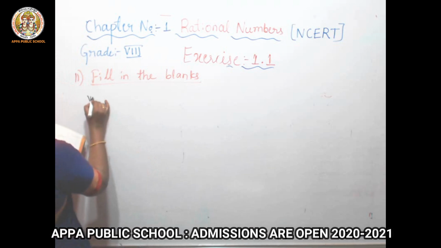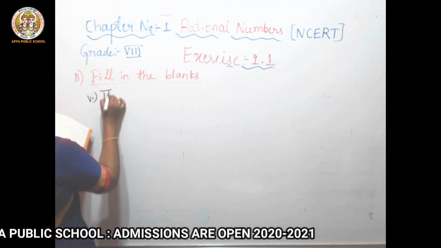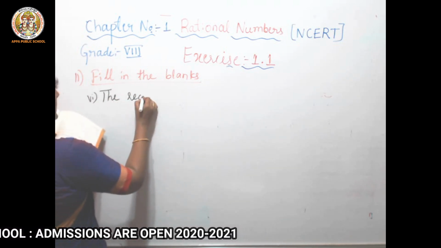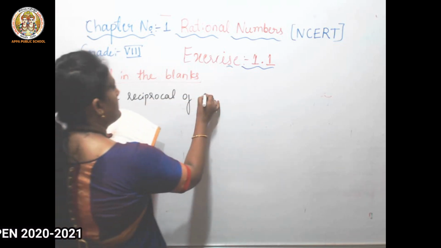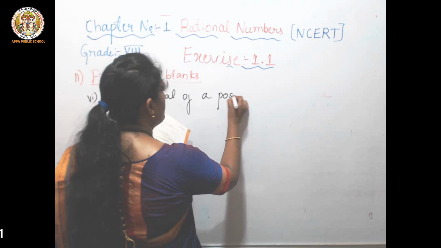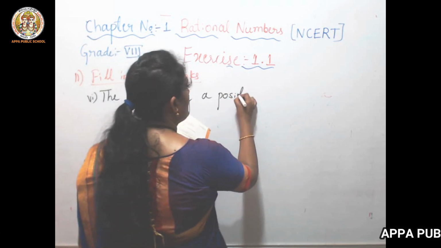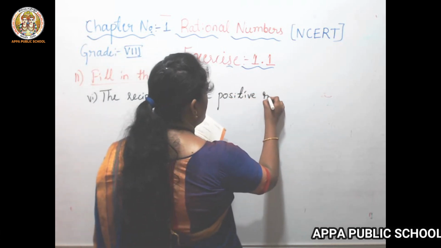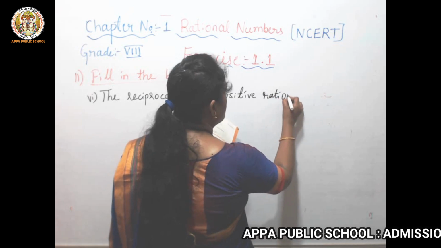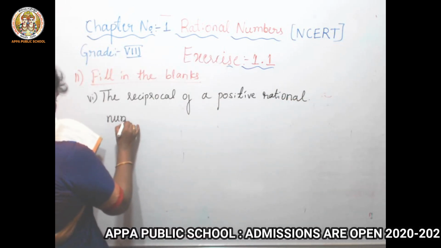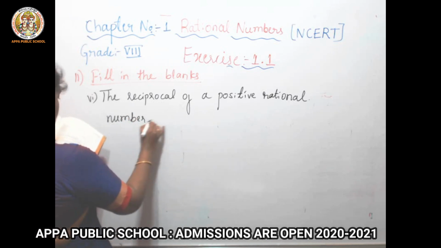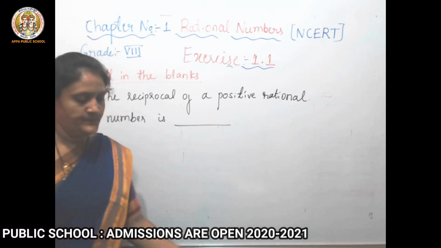The question number 6, that is the reciprocal of a positive rational number is dash.